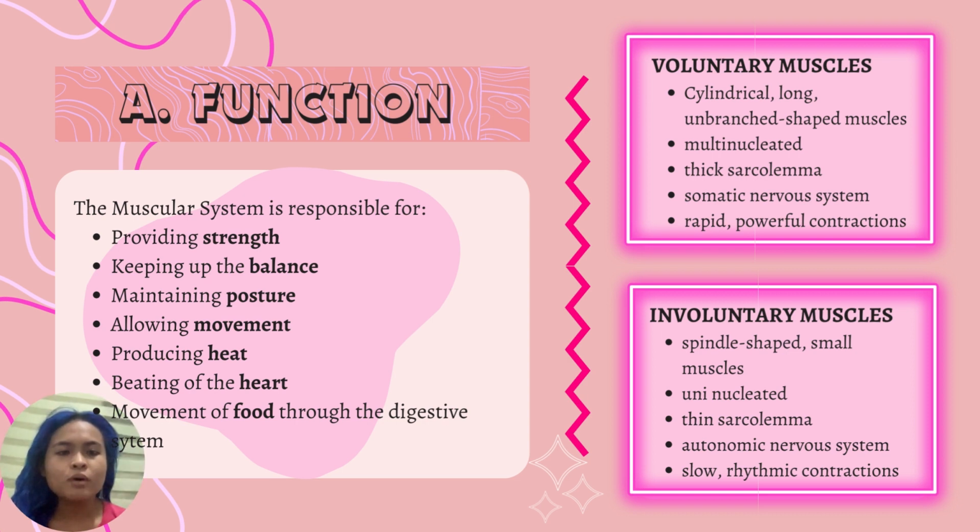Voluntary muscles are long, multinucleated cells containing sarcomeres arranged into bundles. These muscles are composed of cylindrical fibers and are usually attached to bones and the skin.